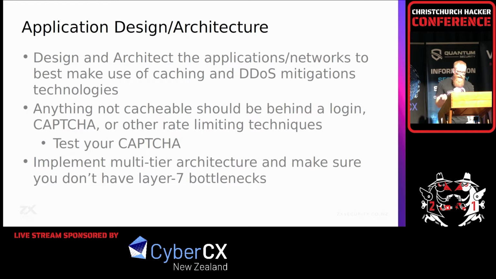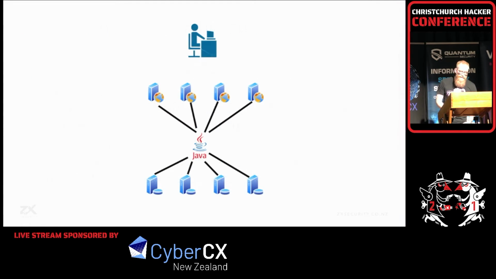And if you're implementing a multi-tier architecture, make sure you don't end up with layer 7 bottlenecks. We had a customer who said, we want to be able to scale this application, so we'll put in a whole bunch of front-end web servers. Those will horizontally scale up as there's more load, and scale down when there's not so much load. Same with the databases. But we've got this big old legacy Java application that handles the session management and all the state inside.